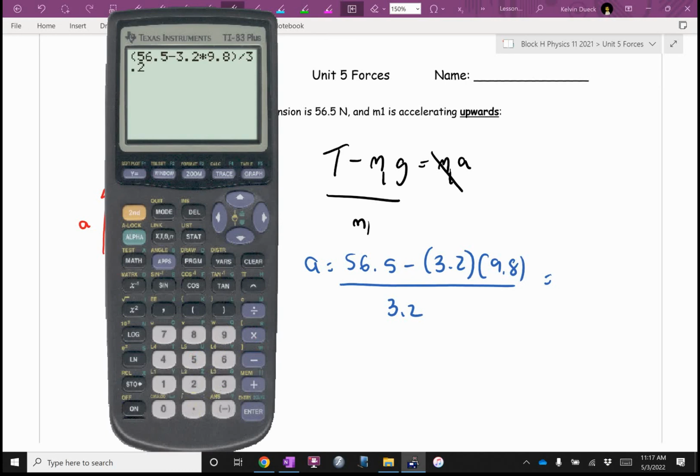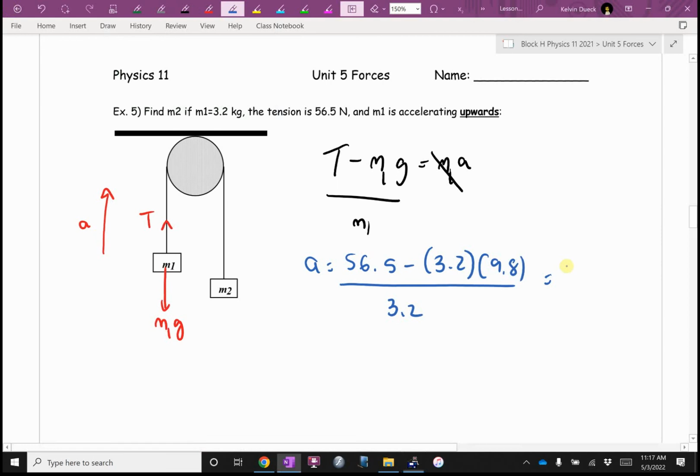And I get, do you get 7.85625? I'm going to carry as many sig figs as I can because this is not what they wanted me to find. They want me to find mystery mass M2. So 7.85625.